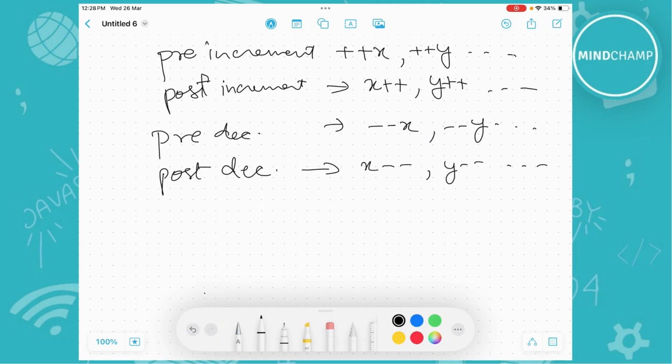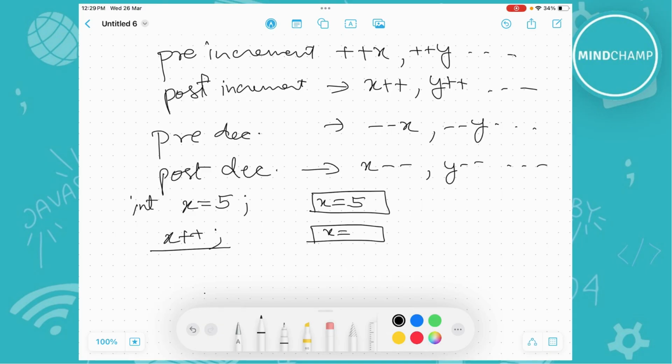Now what would this mean is, if x is equal to 5, that is we initialize the value in Java, Java allocates x as 5 in its memory, and if we apply x plus plus after this statement is executed, the value of x will be 6 in the memory of Java.